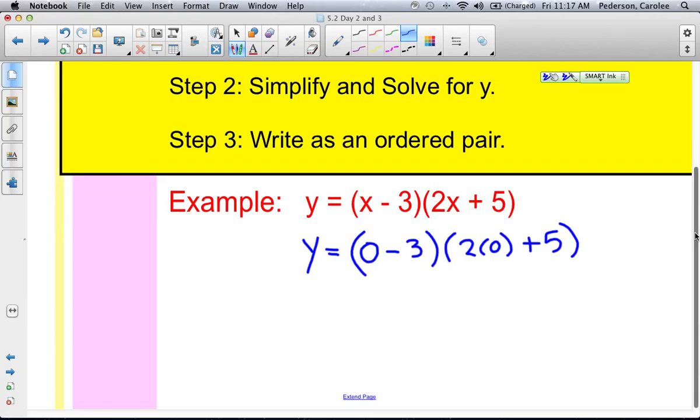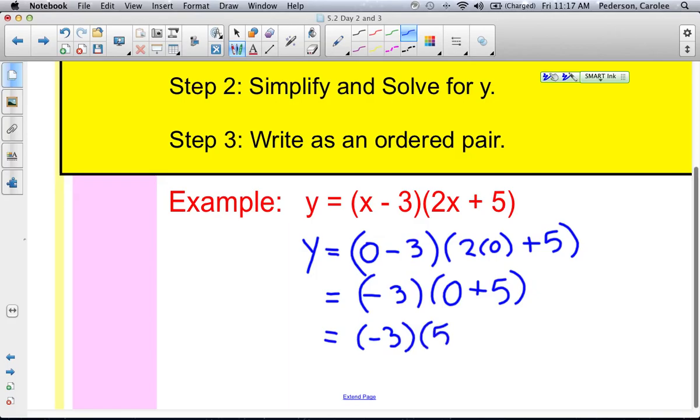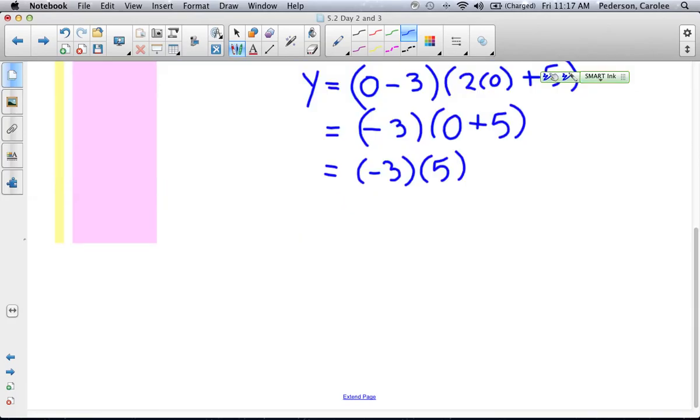So 0 minus 3 is negative 3. 2 times 0 is 0. And then we'll add 0 plus 5, which is 5. And I'll multiply those two numbers together. Negative 3 times 5 is negative 15.